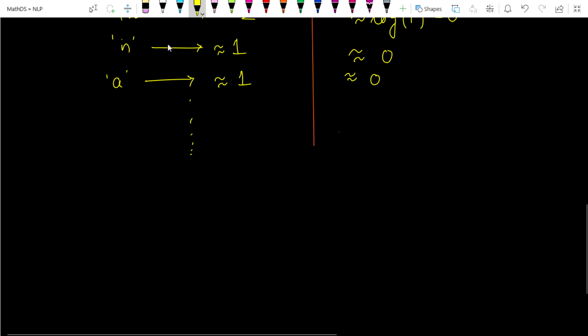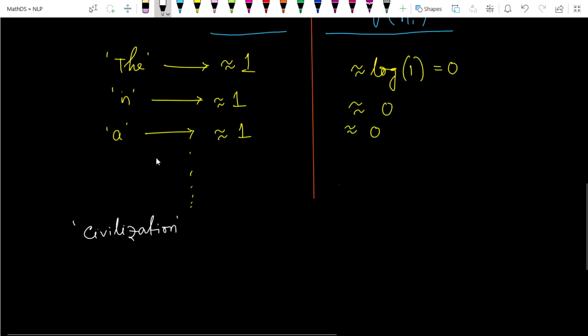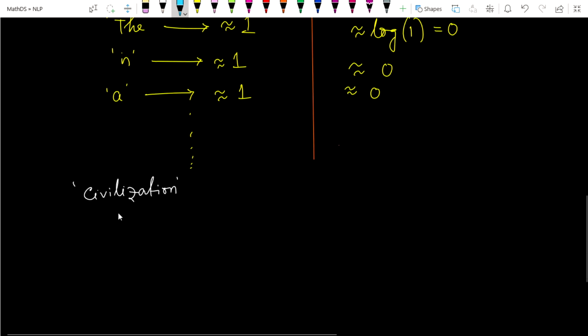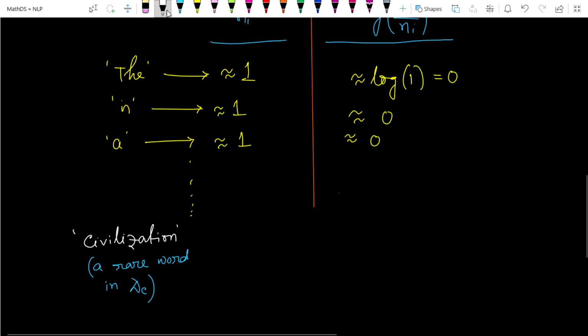Suppose I have taken the word 'civilization', for example. It's the most rare word in our whole data corpus. In such a situation, what will the value be?